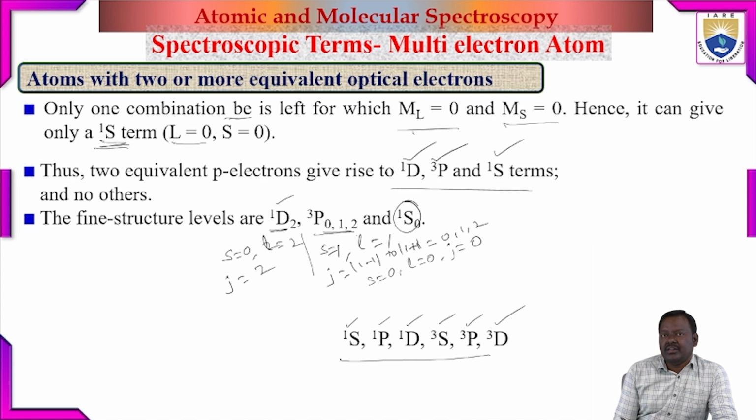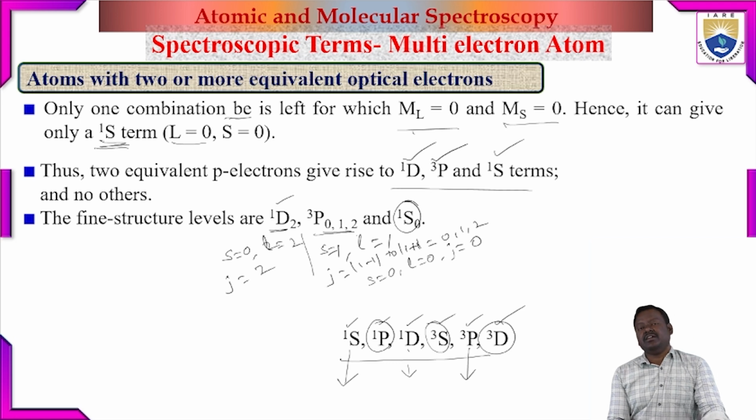But for equivalent electrons, we are missing the 1P term, 3D term, and 3S also. These are the terms we are missing for the equivalent electrons. We are observing only 1S, 1D, and 3P. These three terms are the only ones existing for the equivalent p electrons.